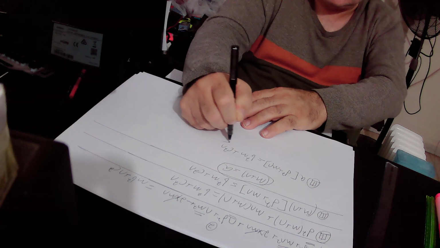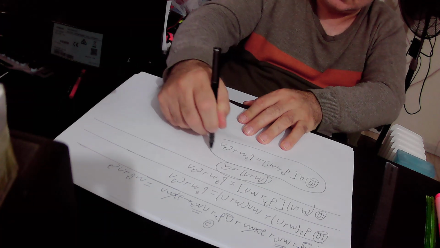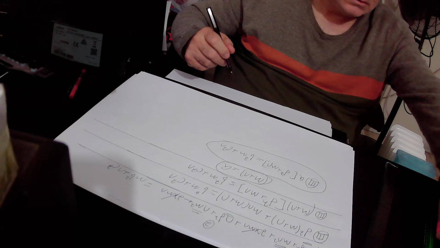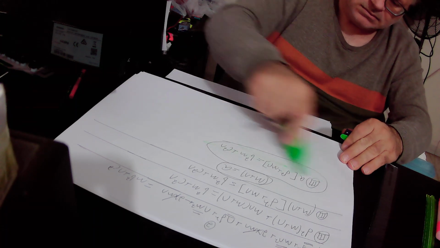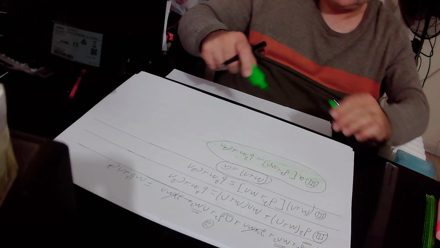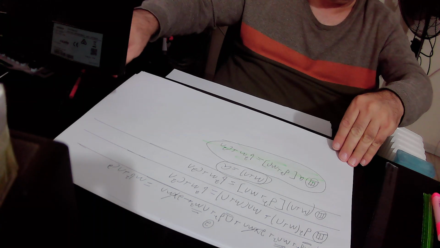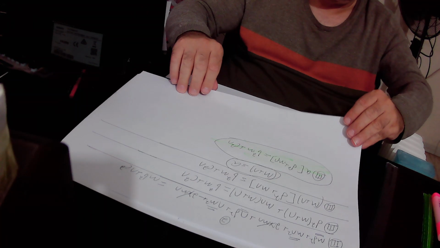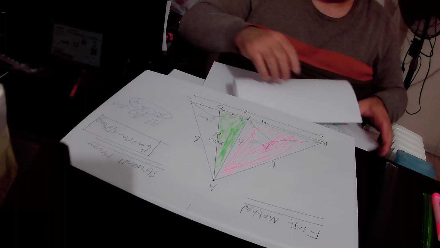And this is exactly the equation of Stewart's theorem. So we proved Stewart's theorem in the first method. In the next step I will present to you how to prove that Stewart's theorem is true in the second method.